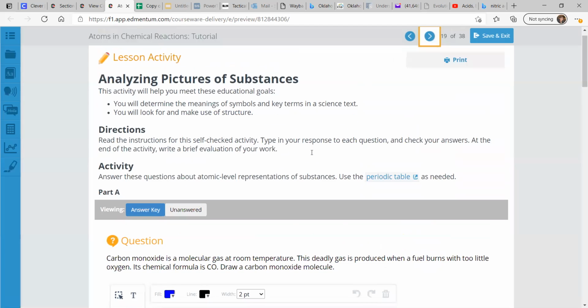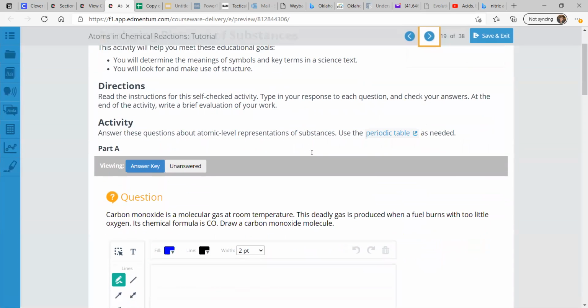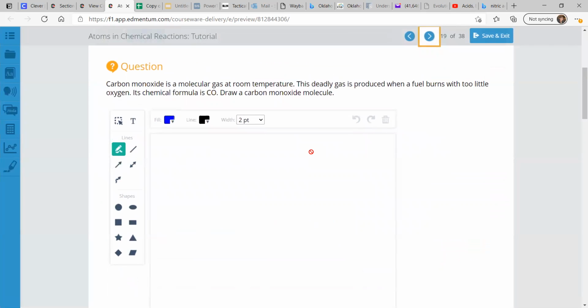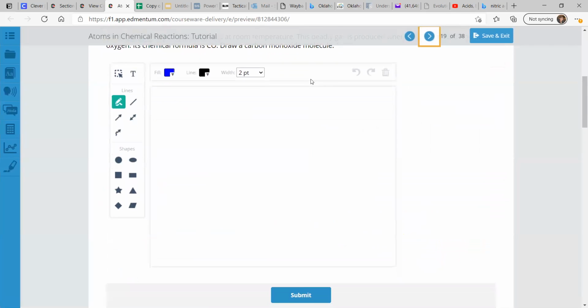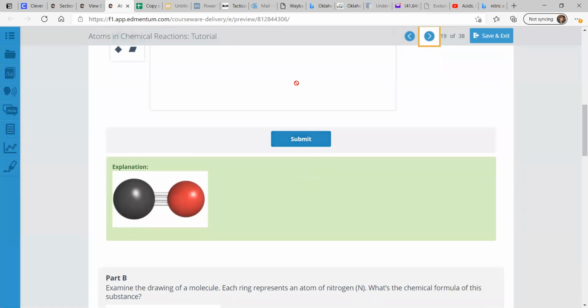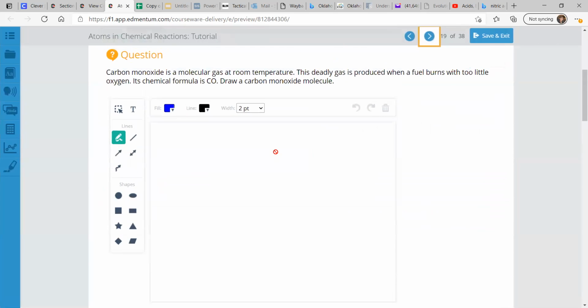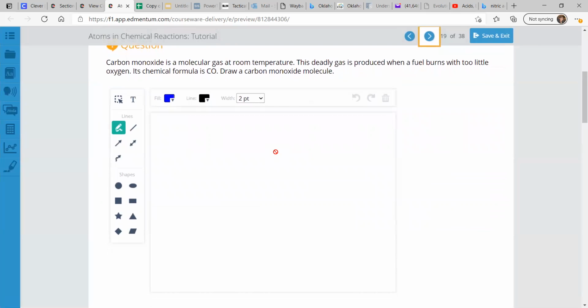And in this activity, you're going to look at various atomic level representations of substances and then draw them. So I'll show you the pictures. So this is carbon monoxide, which is a molecular gas at room temperature. It's produced when a fuel burns with too little oxygen.